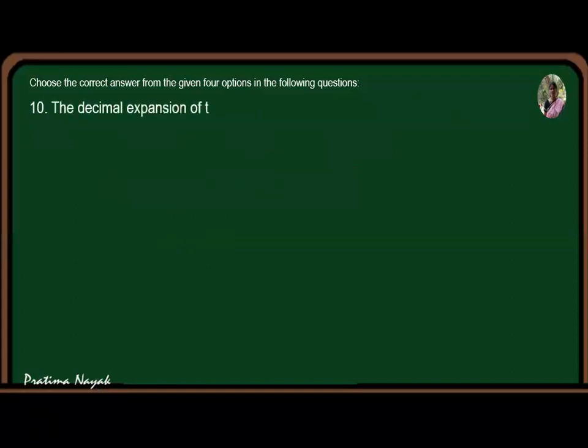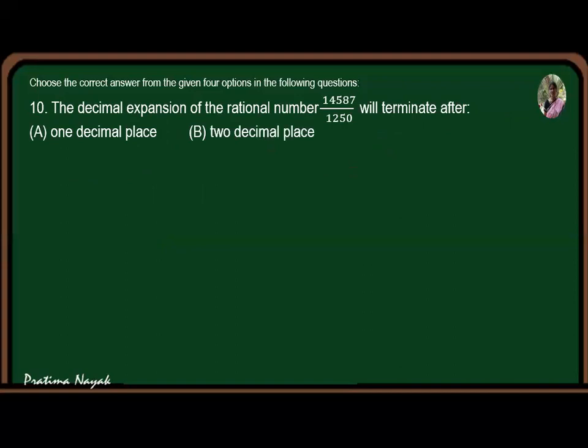10. The decimal expansion of the rational number 14587 over 1250 will terminate after 1 decimal place, 2 decimal places, 3 decimal places, 4 decimal places. You have learned this question. So what you will do, you will factorize 1250.